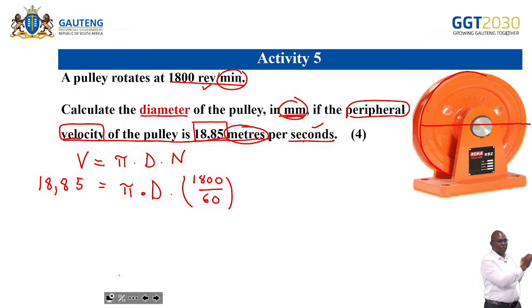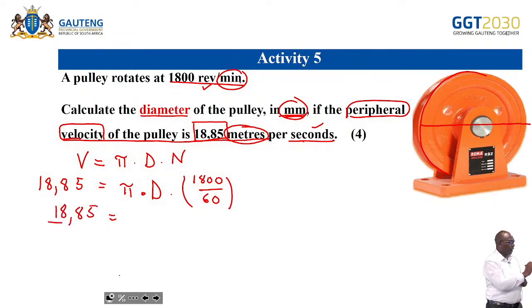The answer that we're going to get when calculating here will be in meters. So when we get the answer in meters, we then change it to millimeters. And that is the last mark that you're going to get on that. So 18.85.